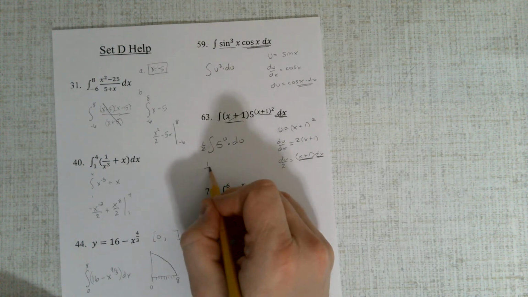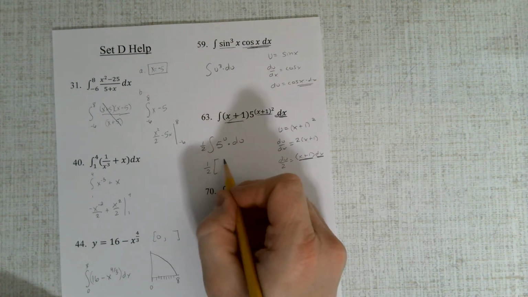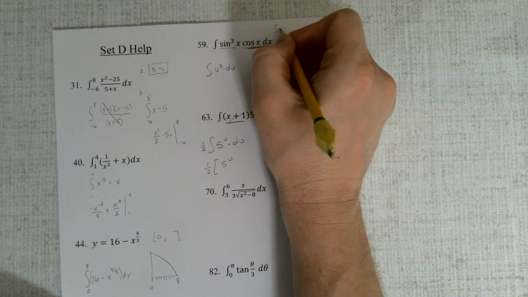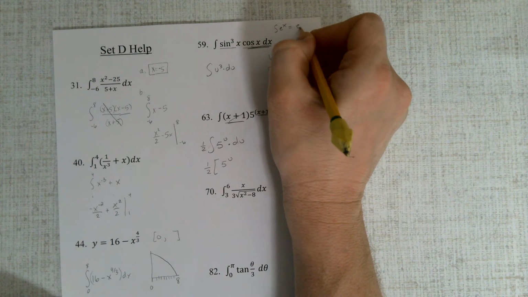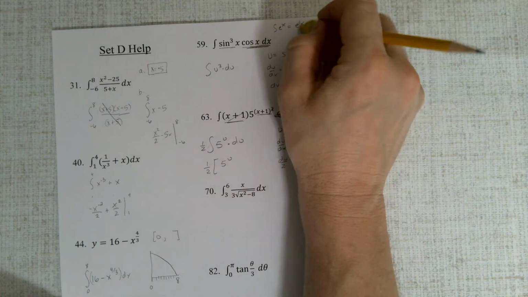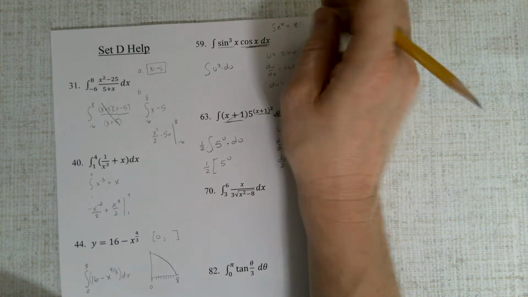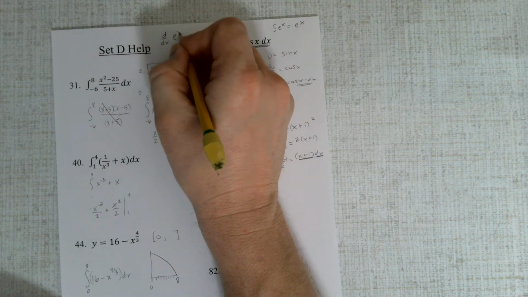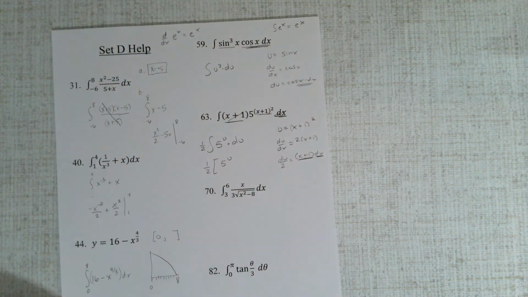Integrating this, that's 1/2. What do we do? 5 to the u stays the same, just like the integral of e to the x is just e to the x. That's an exponent right there. And just like the derivative of e to the x is just e to the x.